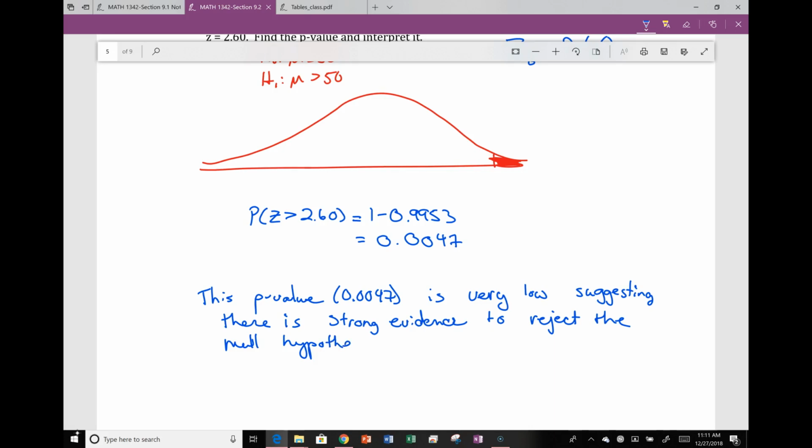Anytime that we have an extremely low p-value, we're definitely going to reject. Again, if the p-value is less than the alpha, we will also reject. That was for a right-tailed test.